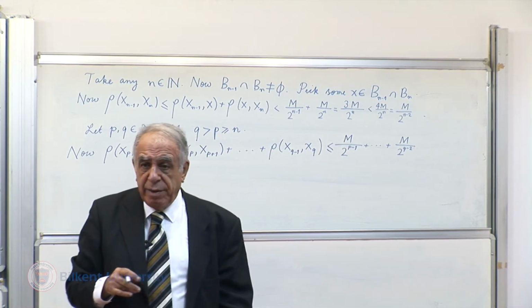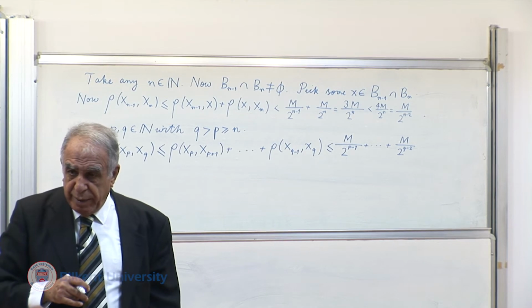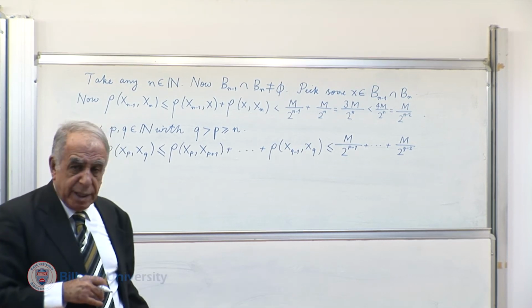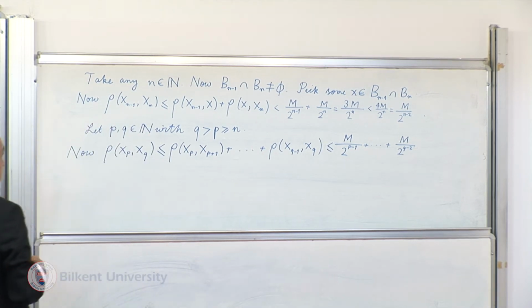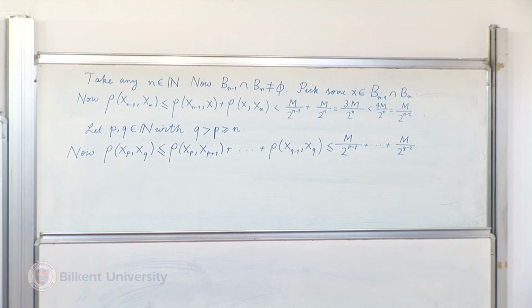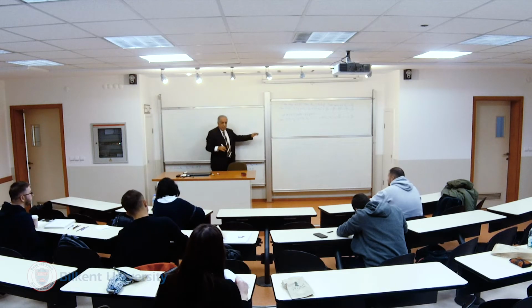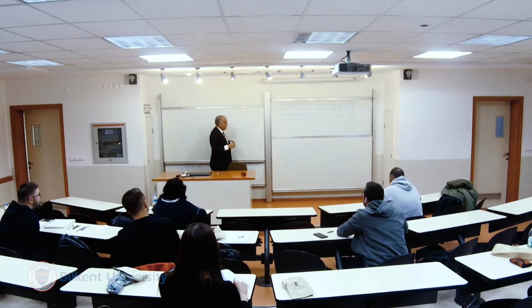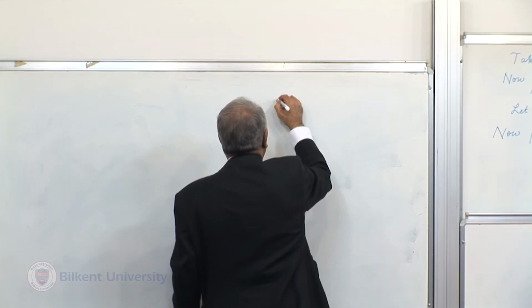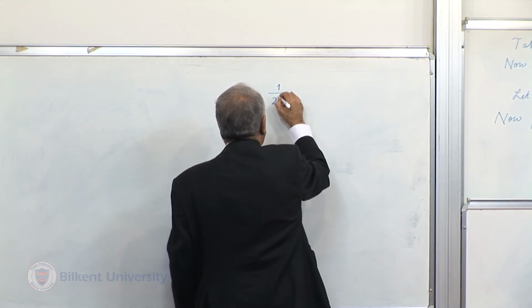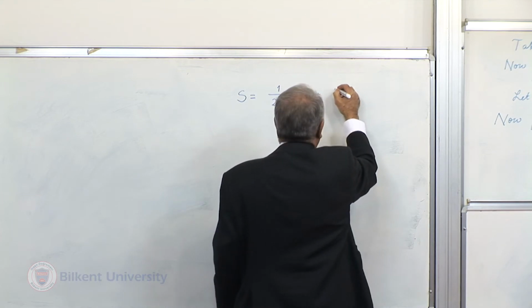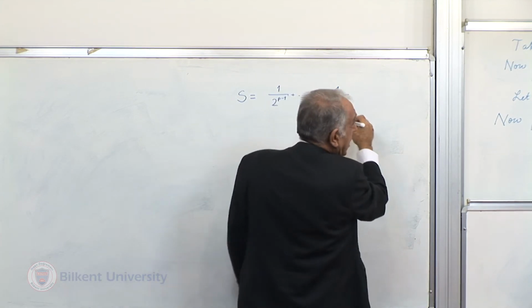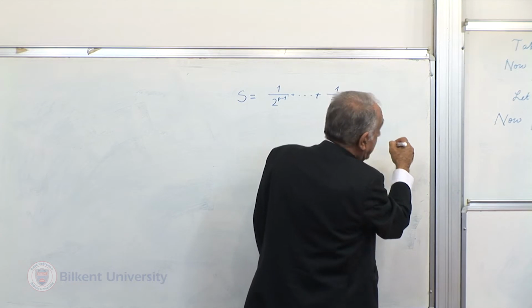Now here I have part of a geometric progression, or geometric series, in fact. Let's compute what that is. Here I have, let me put S. I can never remember the formula for the sum, but it's, let me forget about m, 1 over 2 to the power p minus 1 plus up to 1 over 2 to the power q minus 2.